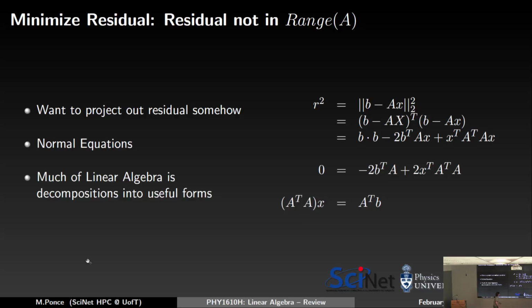So what you're saying is I have AX equal B, and if you substitute, I need the transpose, right? How will this work? A transpose, X transpose.